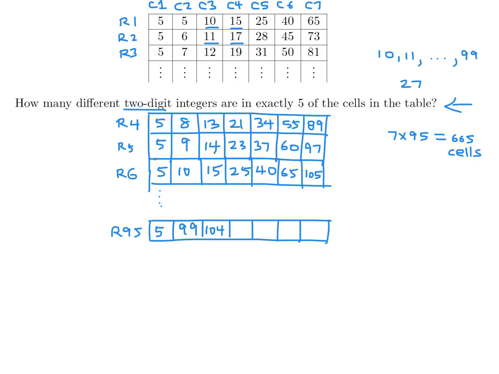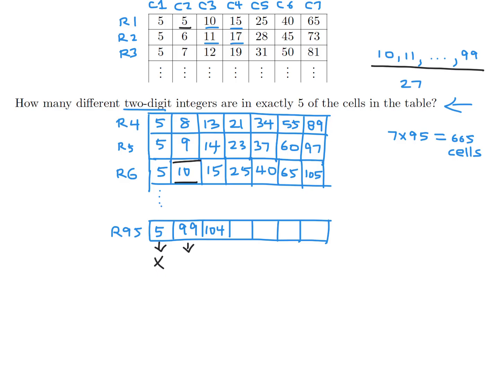All right. Well, let me just take it one step at a time. C1 is all 5s. We are only interested in 2-digit numbers, so C1 basically is irrelevant to our conversation. C2 does start with a 5 up here, but eventually does get to a 10.